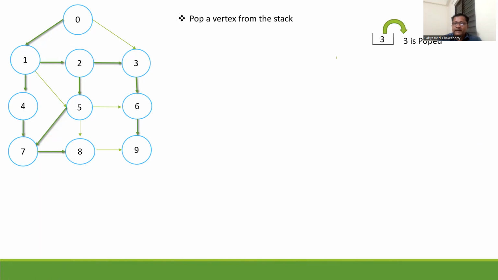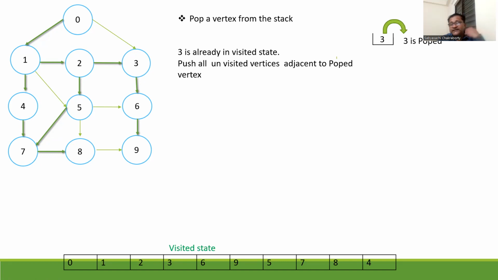So what we have is 3 left in the stack. So 3 is popped out. 3 is already in the visited state. What are the adjacent vertices of 3?